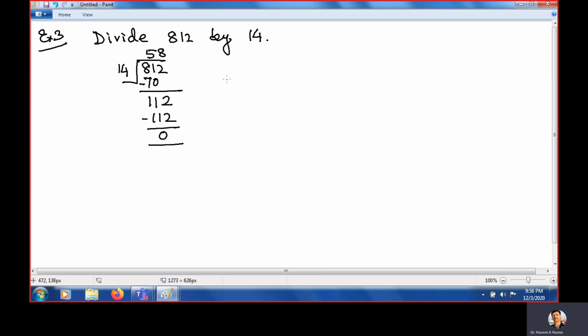So we can write 812 is equal to 14 times 58 plus 0.